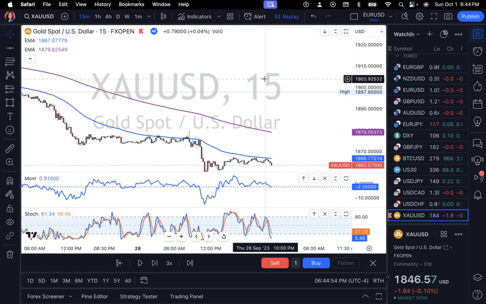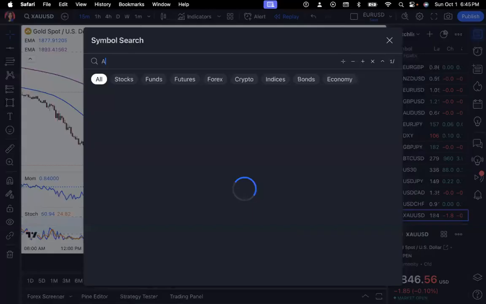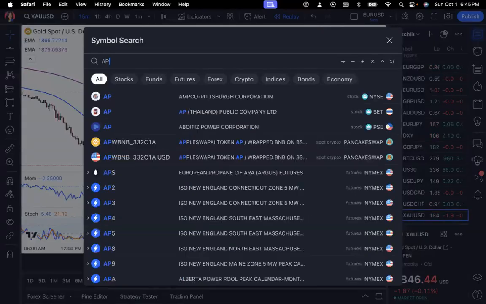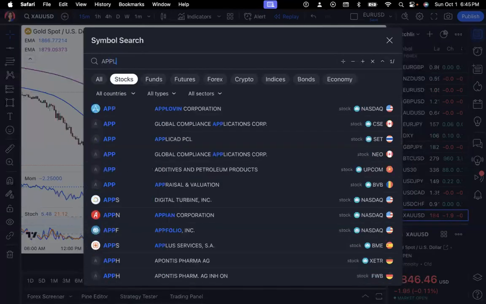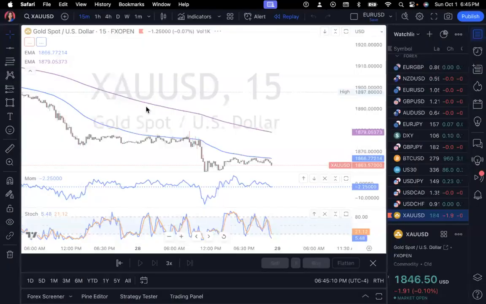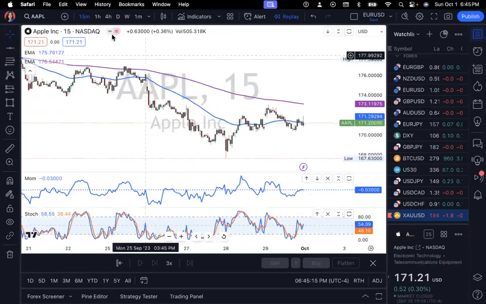You don't have to use different indicators to trade different things. And we can even go as far. I'm not a stock trader. I don't really trade stocks yet, but we can even see if this will work with stock trading as well.